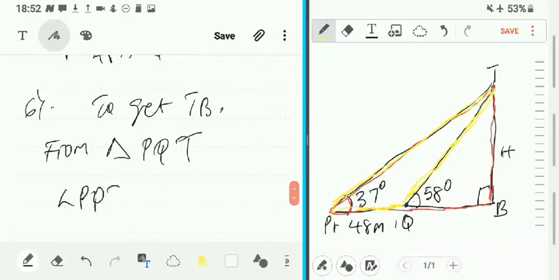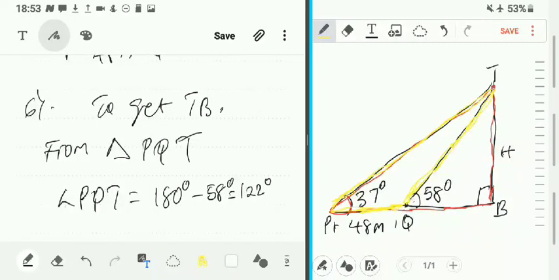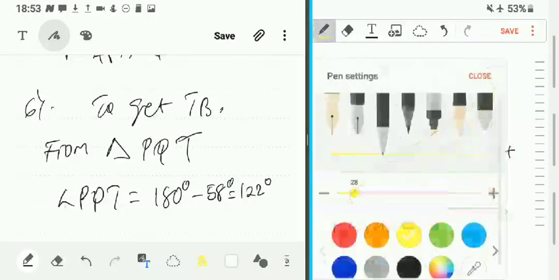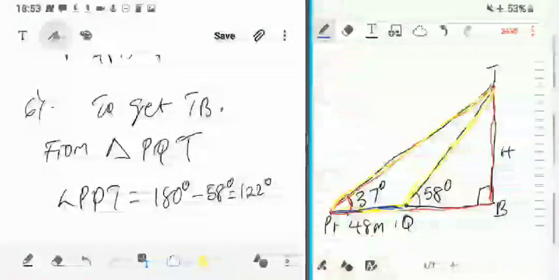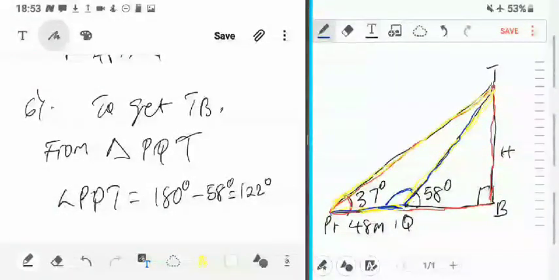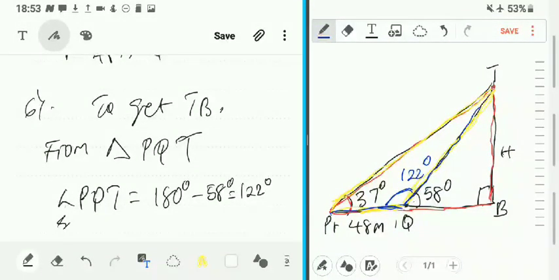Angle PQT is equal to 180 degrees minus 58 degrees, giving 122 degrees. It's the angle formed here, P to Q to T. How did I get that? Sum of angles on a straight line: 180 minus 58 gives 122.